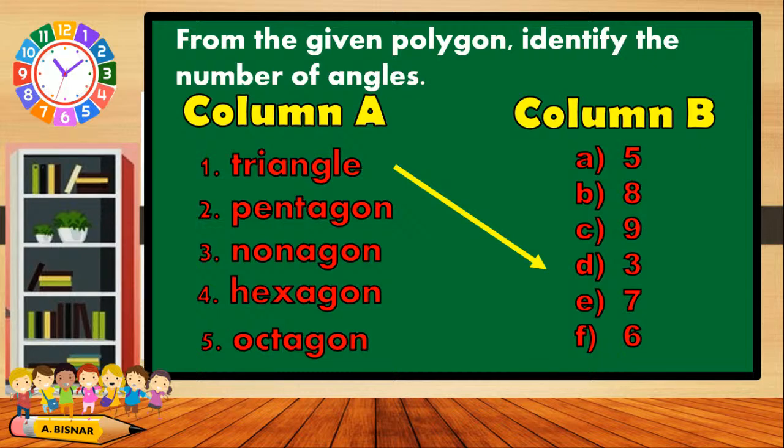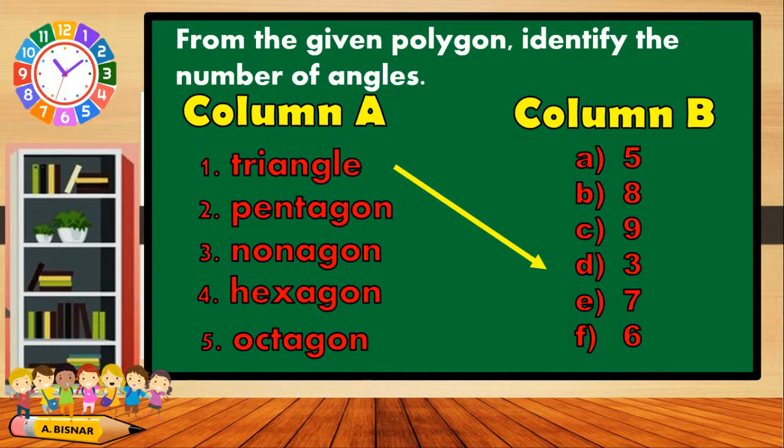How about number 2, pentagon? It has how many angles? I'm also sending it to our group chat so that the students who are not with us here can see it too.